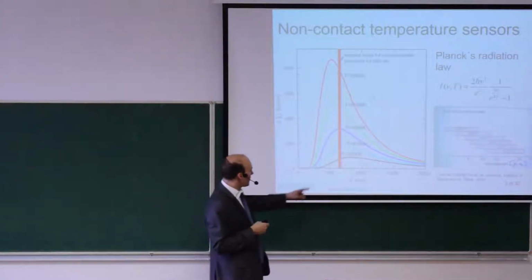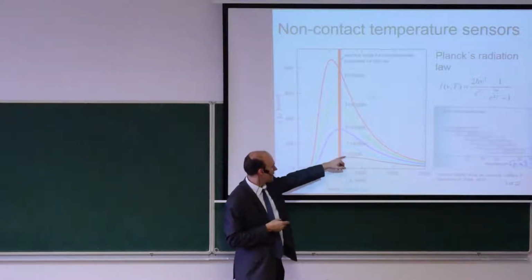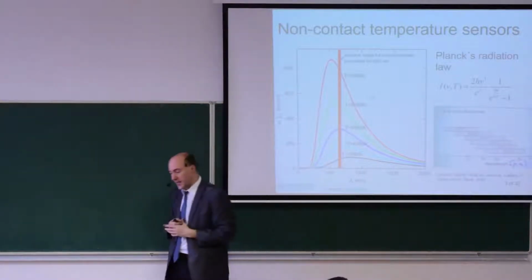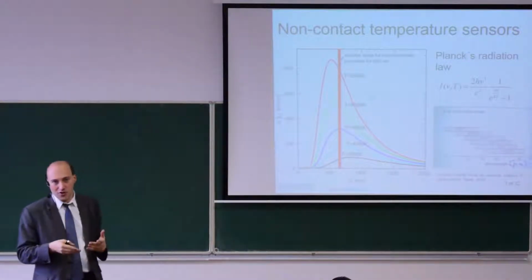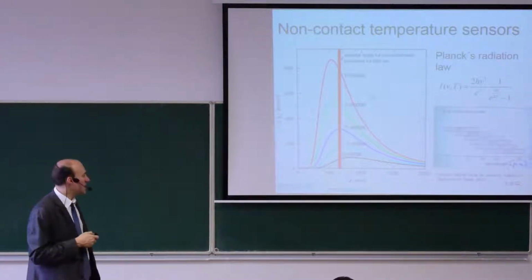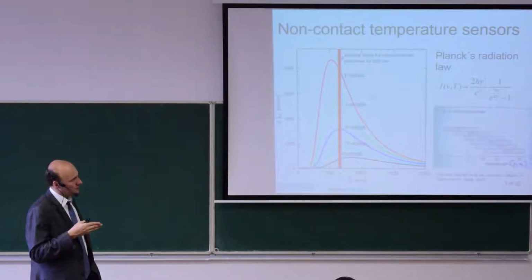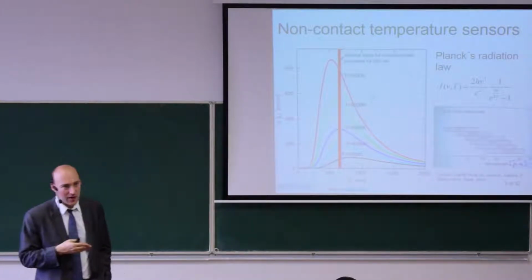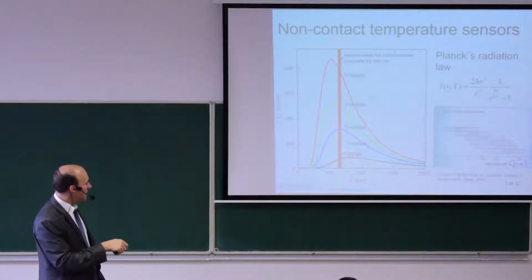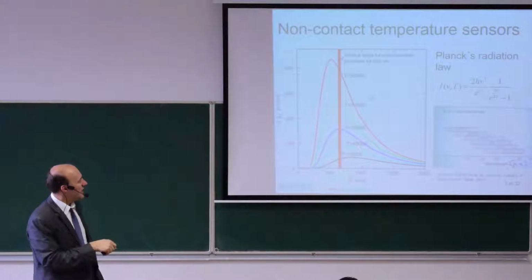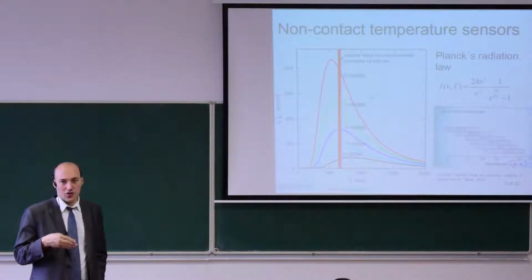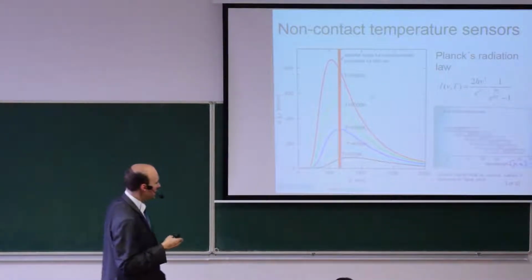What you see here with the colors represents different temperatures of the object, and the higher the temperature of the object, the warmer it is, the brighter it is in the visible spectrum. And we see that the maximum point here of the emitted radiation is shifting with the temperature of the object.